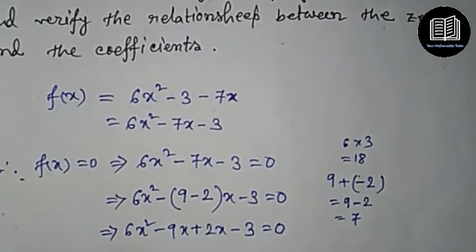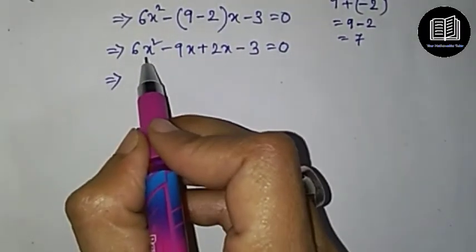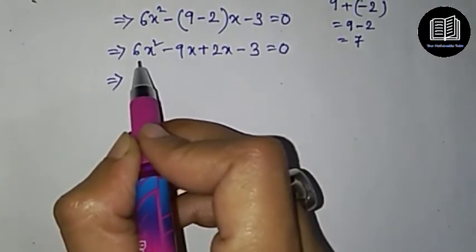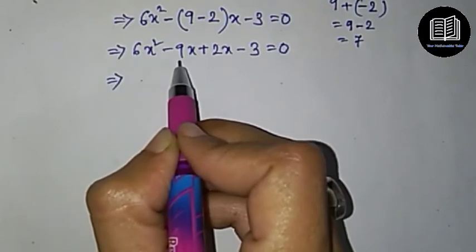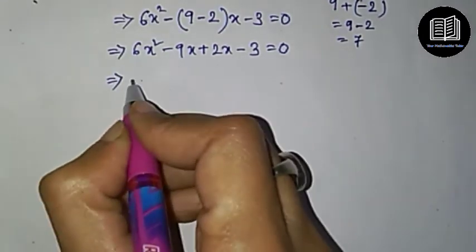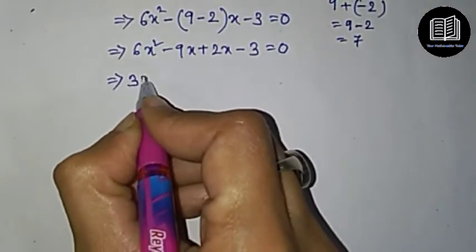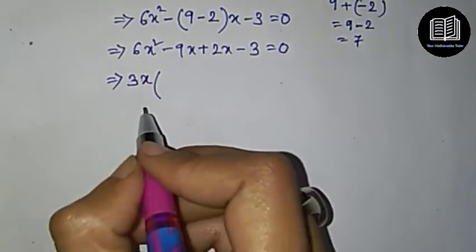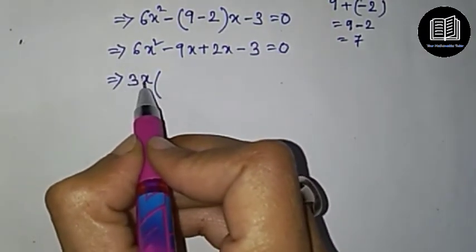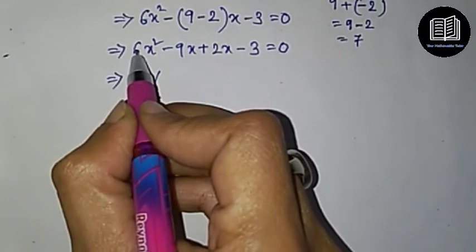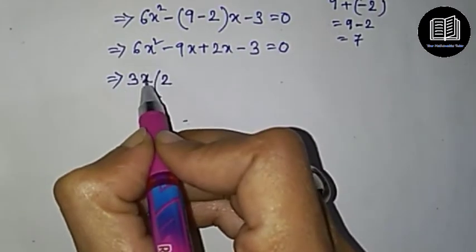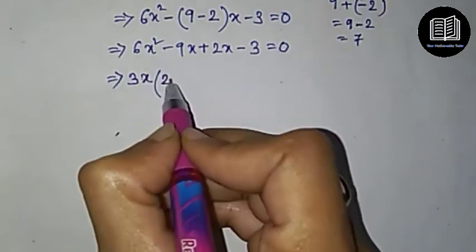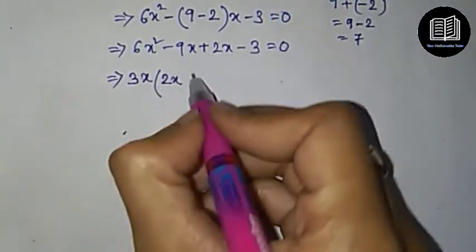Now see, 6x² and minus 9x. What is the common term between these two terms? We can take common 3 and x, right? After taking 3x common, what will remain? 3 twos are 6, means 2, and 1 x is taken as a common part, so another x, correct?